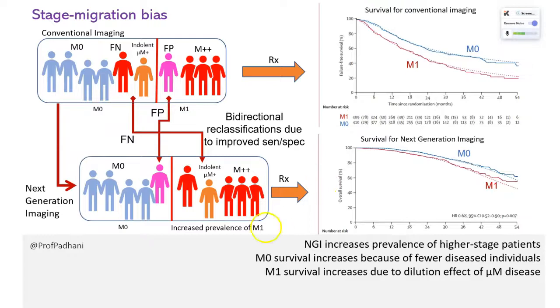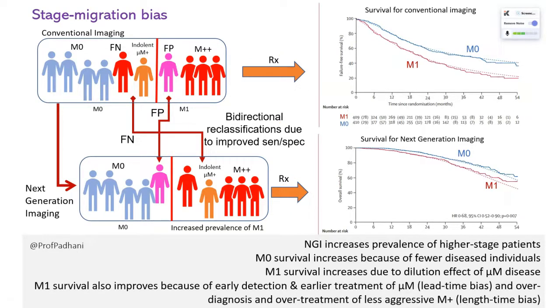And that's because you diluted people with a lot of deposits with people with indolent disease and people with microscopic disease. And so now you can see how you have altered the balance of the groupings, and it looks like both groups are surviving better. But individually, each patient is surviving as long as they were going to, because you haven't changed their therapies.